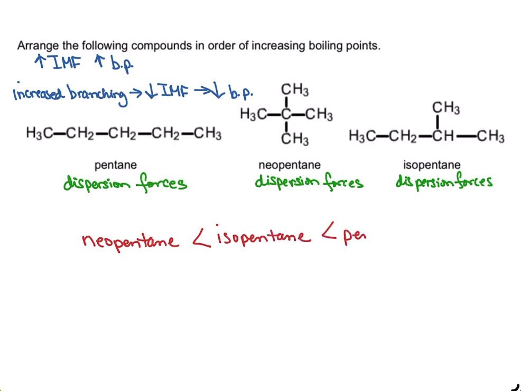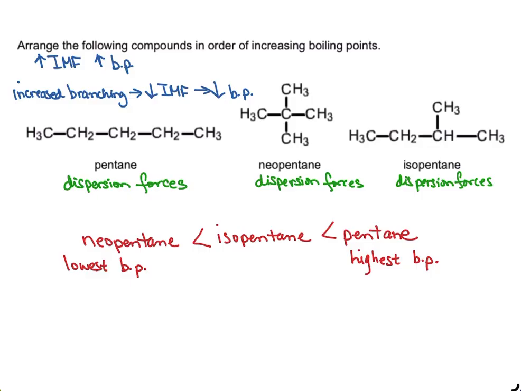Then pentane. Pentane is a linear molecule, and so it has the highest boiling point. Neopentane has the most branching, so it has the lowest boiling point.